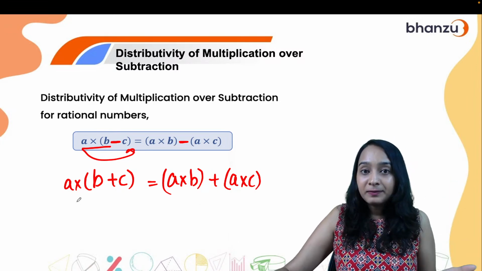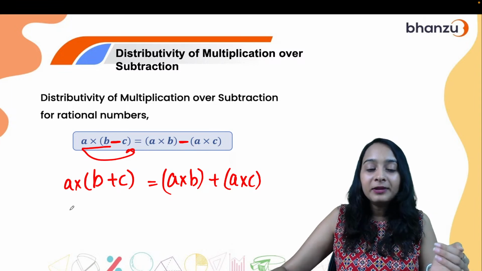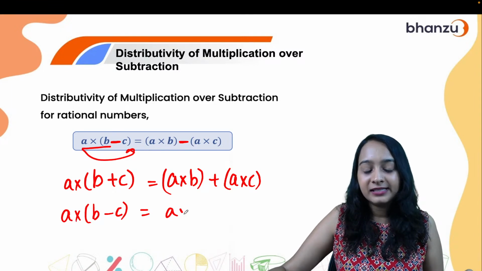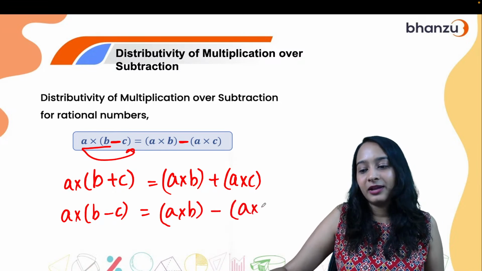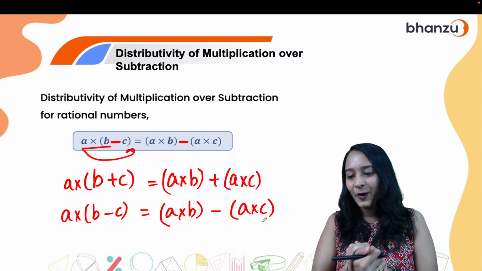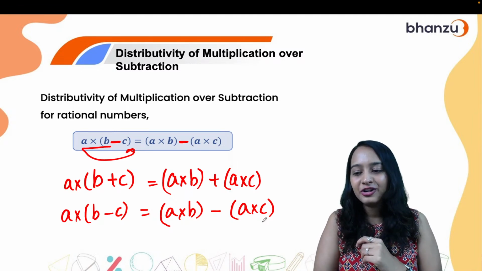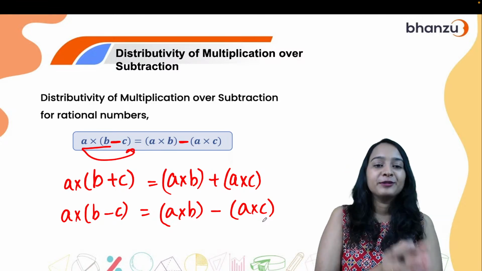This is multiplication over addition. Now this one is multiplication over subtraction. A multiplied with B minus A multiplied with C. Awesome, very good, Shiv Kumar. So yes, it is applicable for subtraction also.